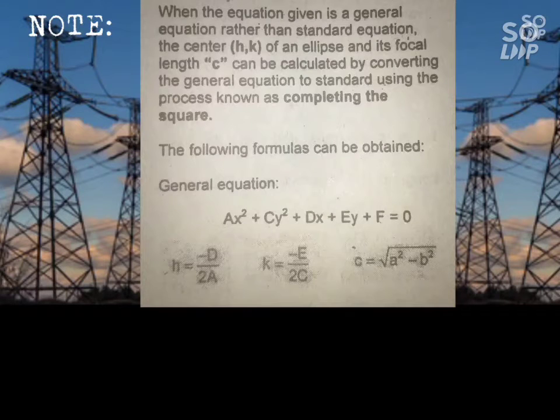For the general equation ax squared plus cy squared plus dx plus ey plus f equals 0, h equals negative d over 2a, k equals negative e over 2c, where c equals the square root of a squared minus b squared.